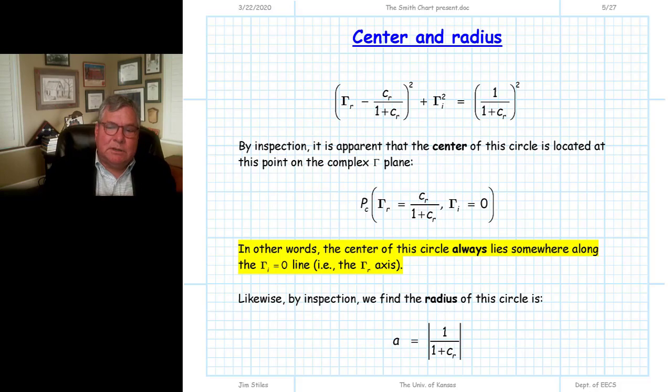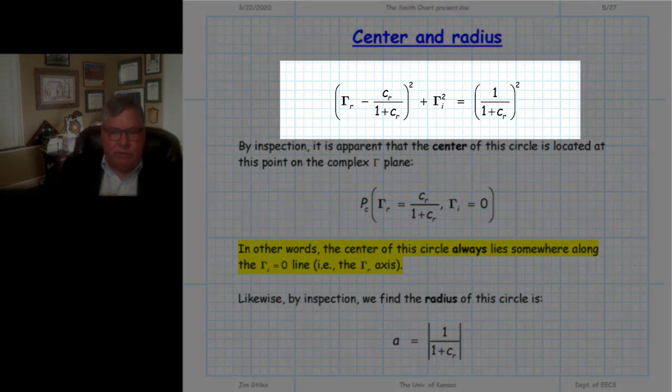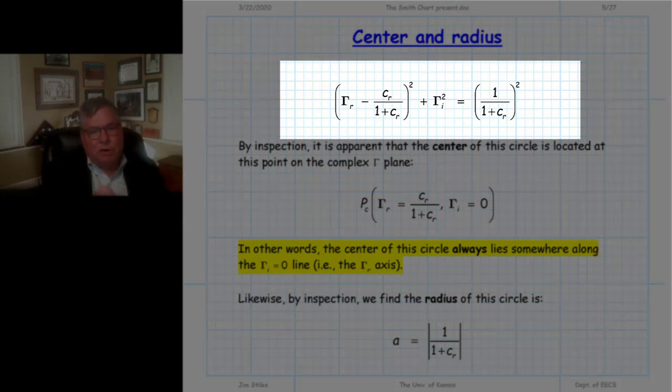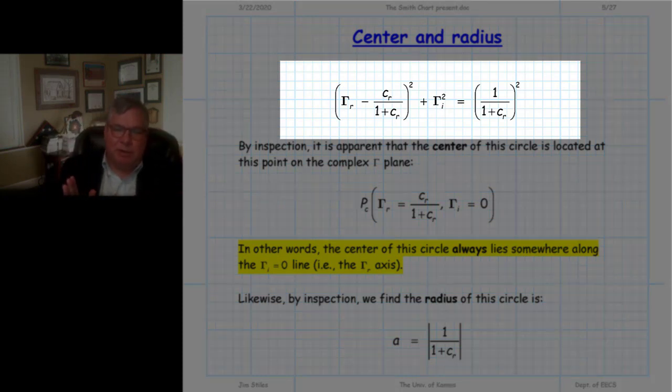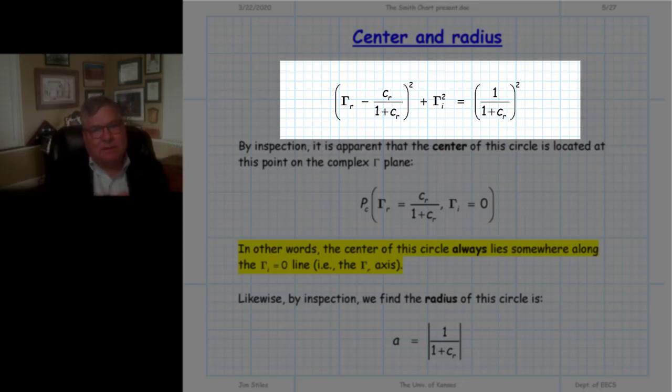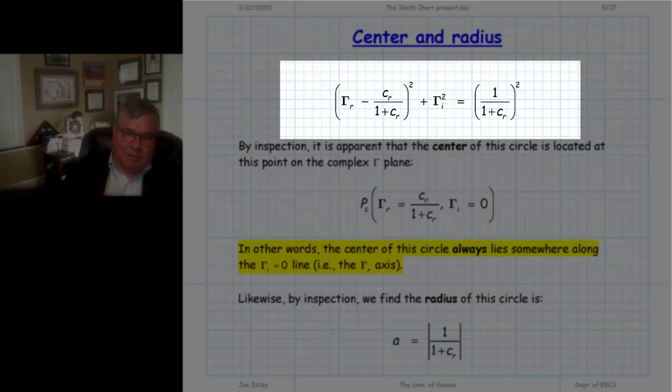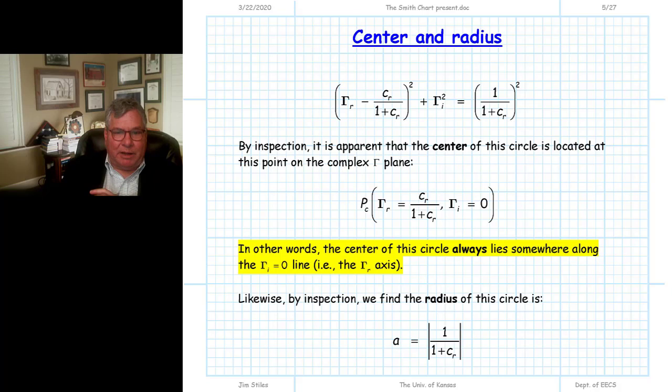All right. So at the top here is the parametric equation that we got for the mapping of a vertical contour on the normalized impedance plane onto the complex gamma plane. And if we look closely, we see it's the same form as that of the parametric expression of a circle on a two-dimensional plane like a complex gamma plane.